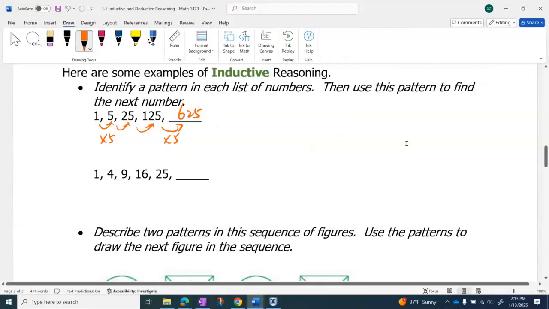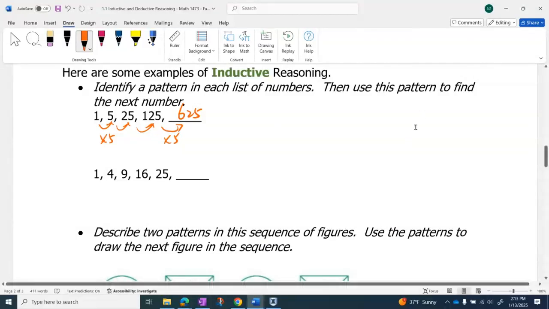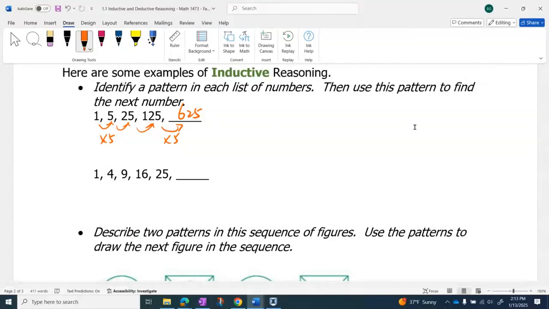Next sequence, we have 1, 4, 9, 16, 25. Do you see any pattern? From the 5 specific elements in the sequence, can you predict? Use inductive reasoning to predict the next element in the sequence. Are those numbers kind of special to you?